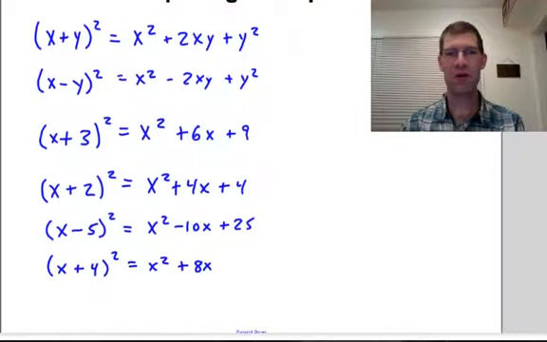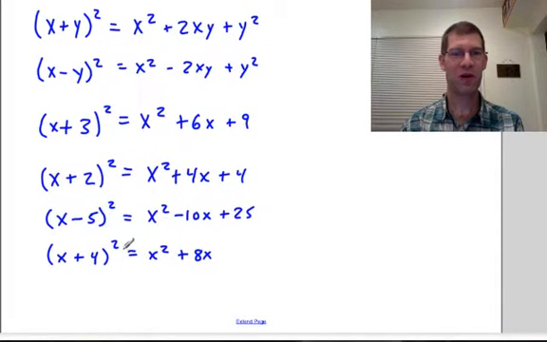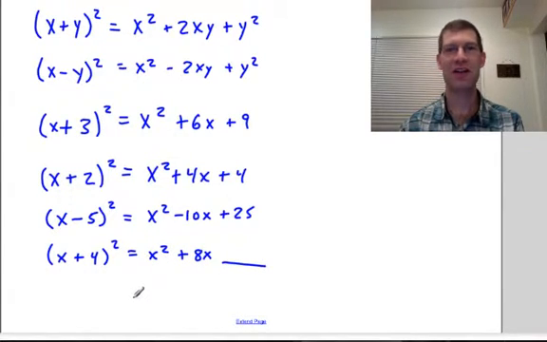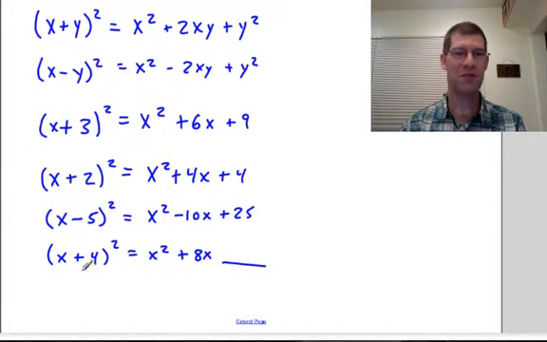If you'd taken FOIL this x plus 4 quantity squared, you wouldn't get x squared plus 8x. Every time we FOIL a binomial, or FOIL two binomials, you always end up with a perfect square trinomial. There has to be some number here in order to get it to work. And what that number would be is 4 squared.